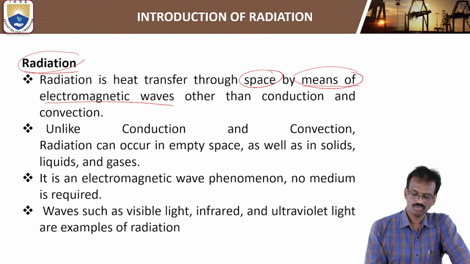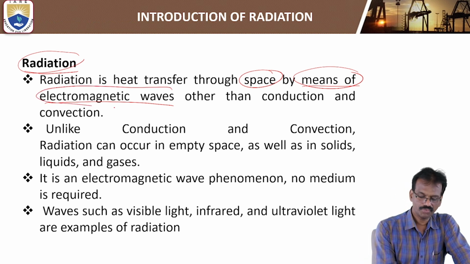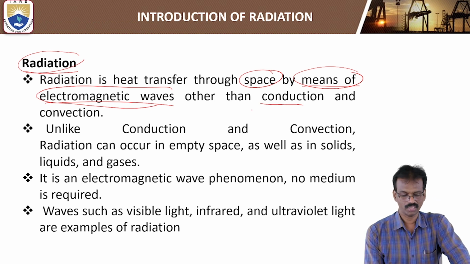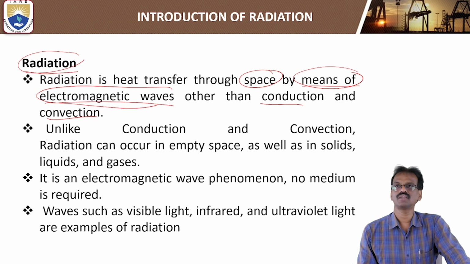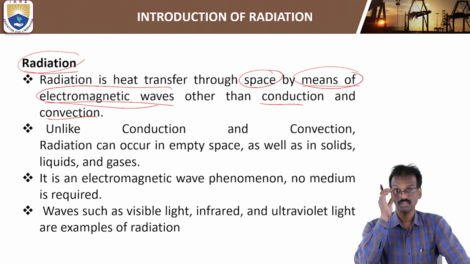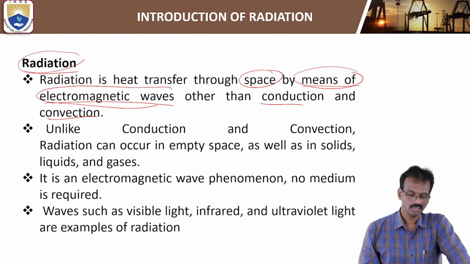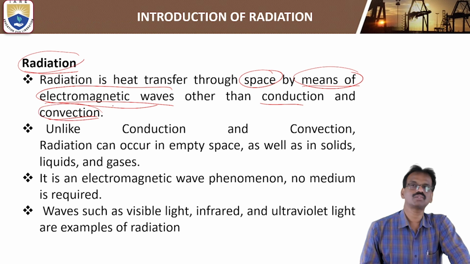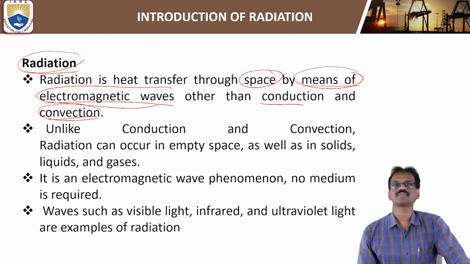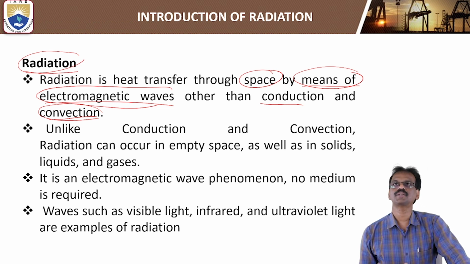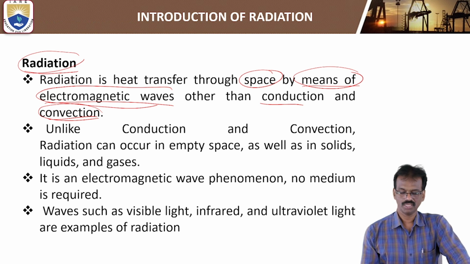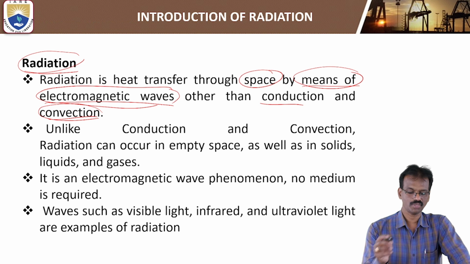In conduction, heat transfer takes place by two types of phenomena: particle vibration or free electron movements. In convection, it is completely associated with the bulk movement of particles. But in case of radiation, there is no medium, no need of particles or movement of the particles, but it takes place by electromagnetic wave phenomena.